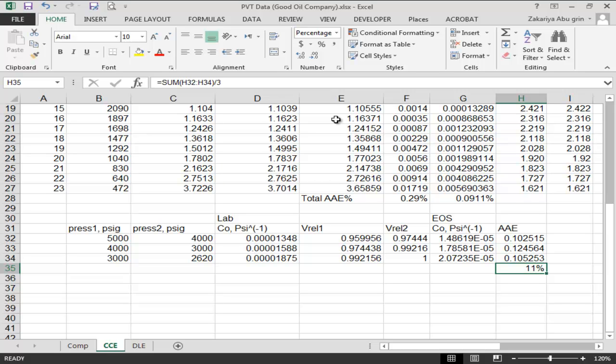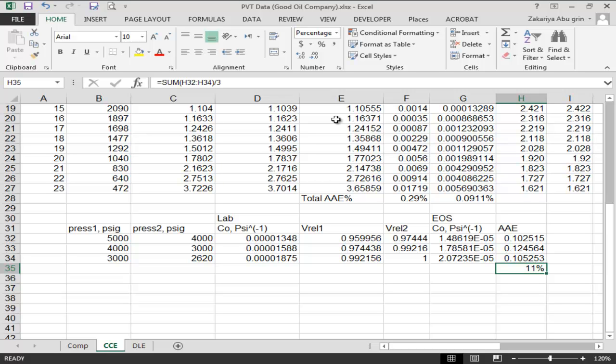It's usually like this, but 11%. If you match, we don't care so much about this. We just indicate that we have an error like this. But what we do in software is we try to make this match as well as we can, with the lowest relative volume error.